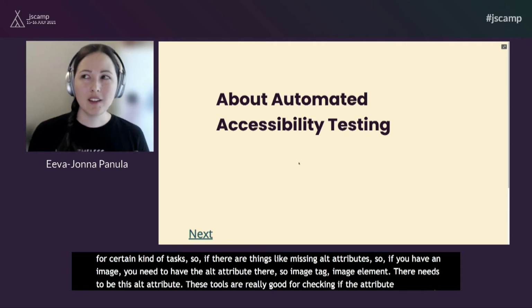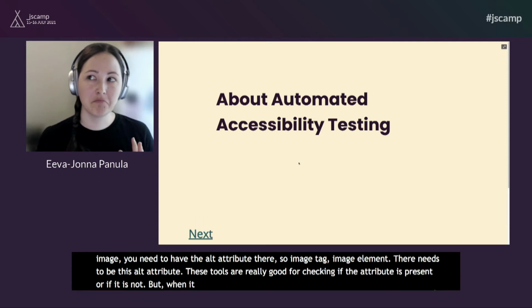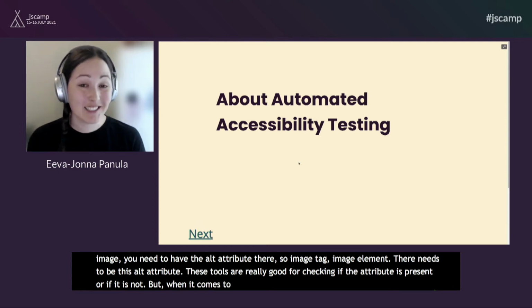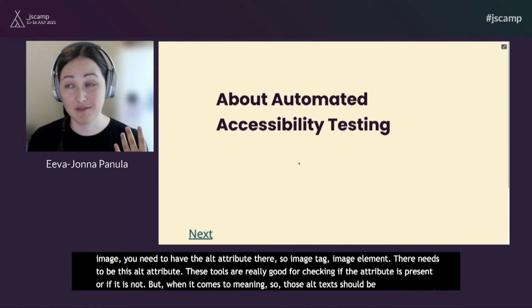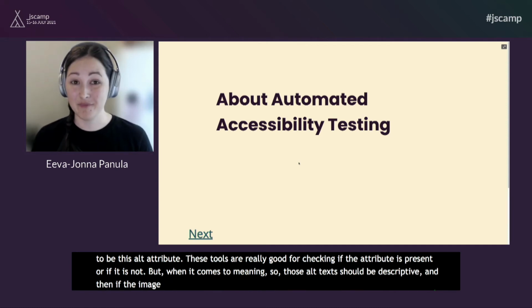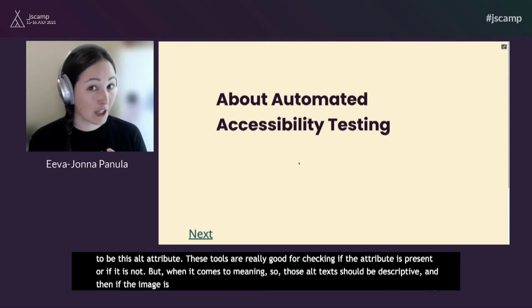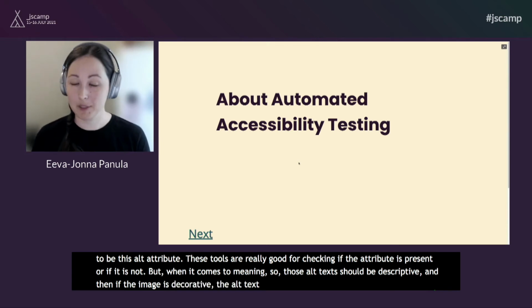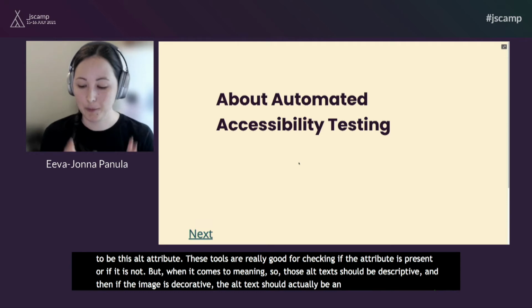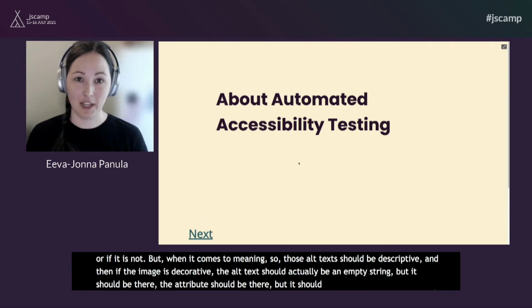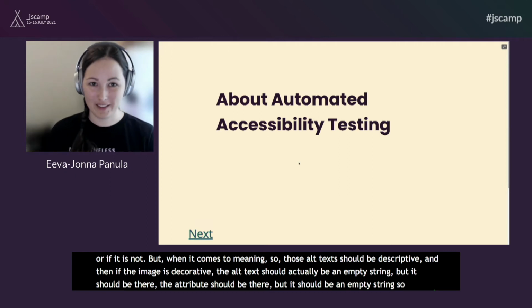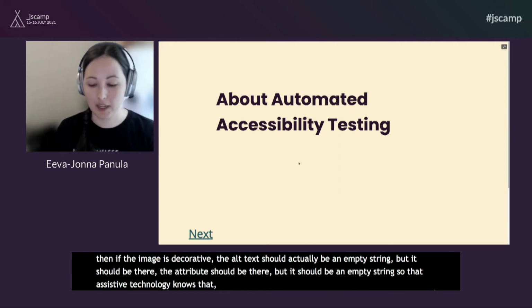But when it comes to meaning, those alt texts should be descriptive. And if the image is decorative, the alt text should actually be an empty string, but the attribute should be there, so that assistive technology knows that, okay, this is just a purely decorative image.